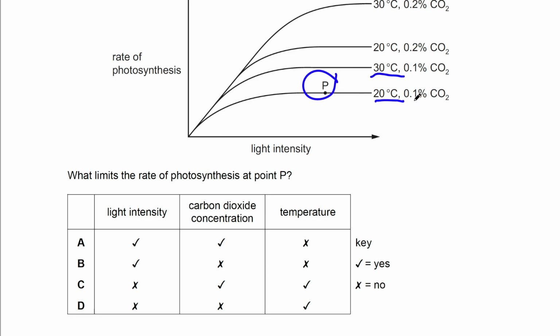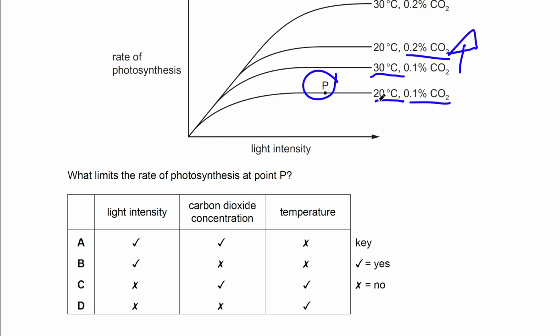Let me compare. Here we have 0.1% concentration. Here the same, but the temperature changed. Here we increased the concentration of carbon dioxide with the same temperature, and the rate is increasing.